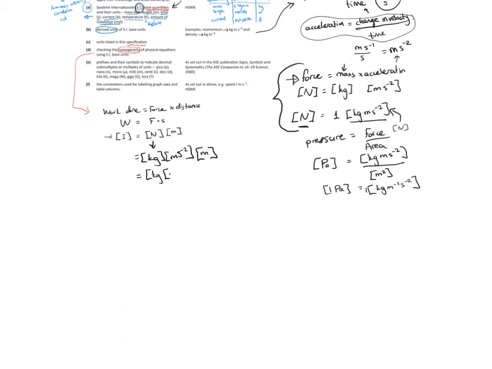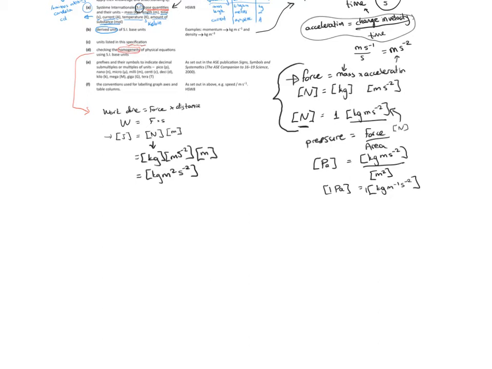Meters times meters is meters squared. I'll keep everything in the same bracket. Meters squared per second squared. So I turned force times distance into all of the SI base units that I needed.